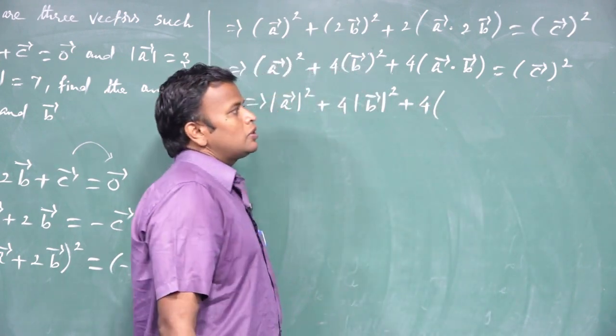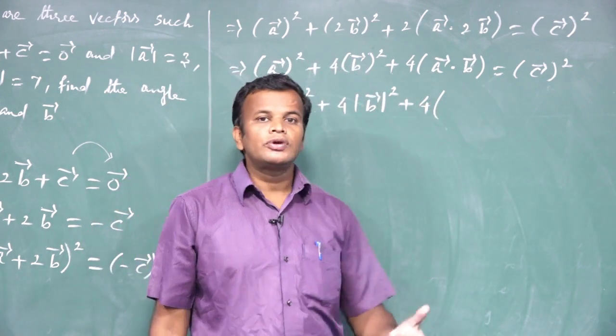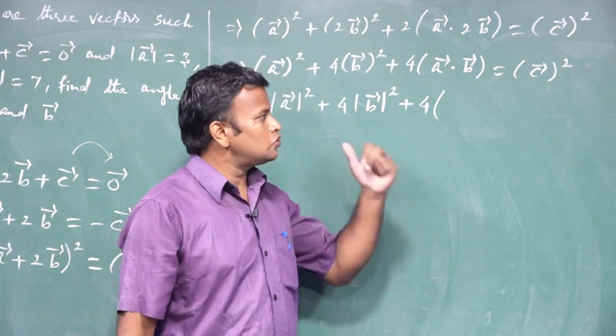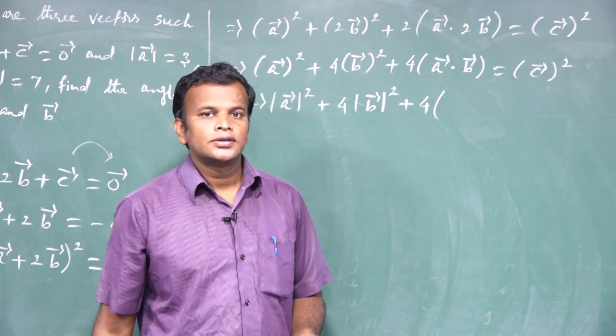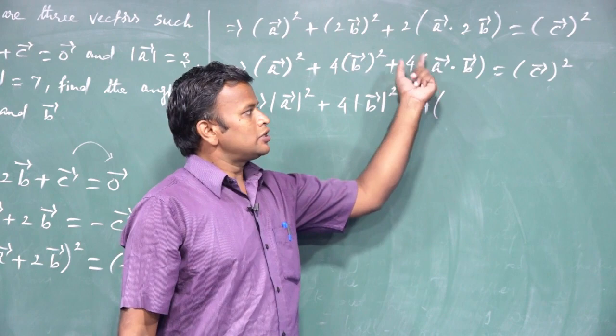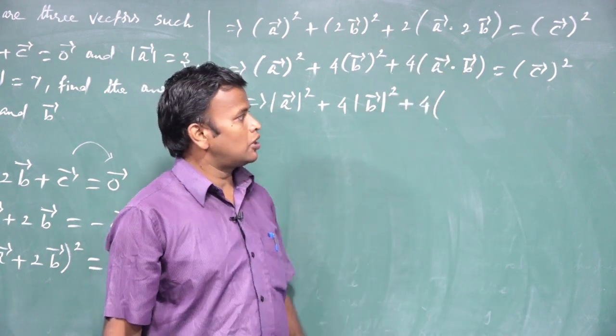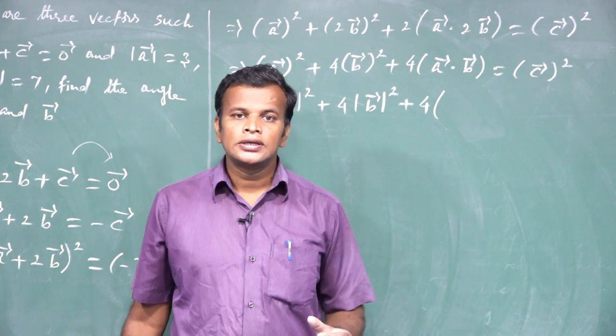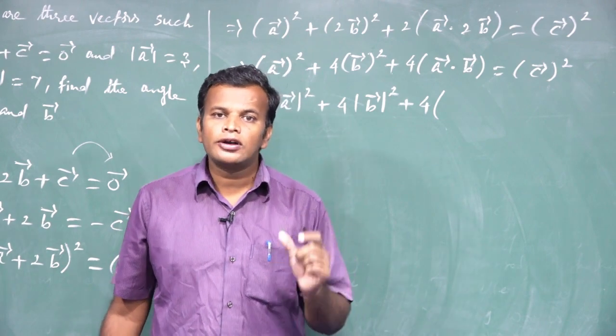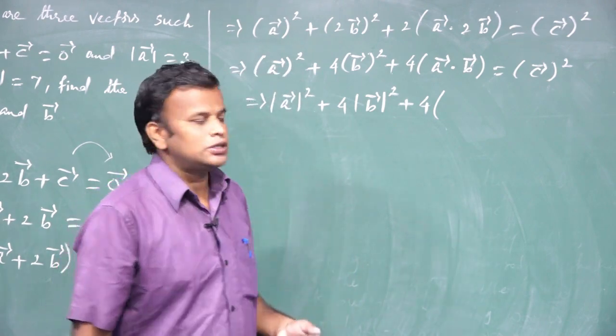We already know the formula for the dot product of two vectors: first vector modulus, second vector modulus, into cos theta. So the formula of A vector dot B vector is modulus A vector, modulus B vector into cos theta.